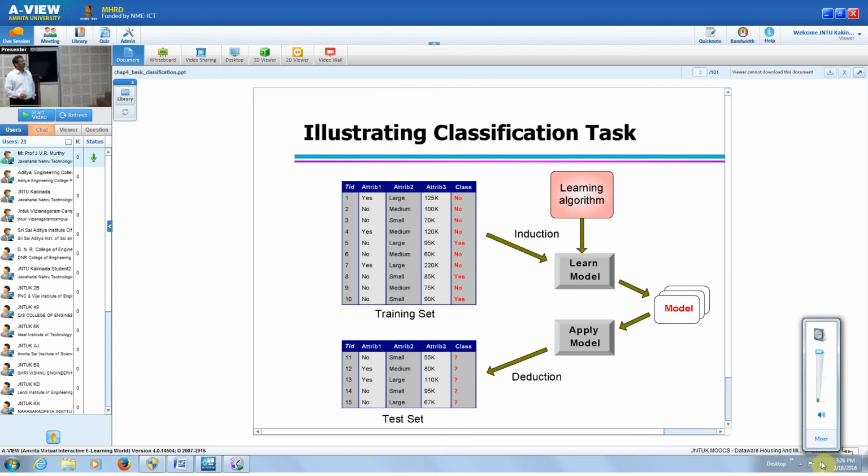Some attribute 1 value is small, this is large, this is 125K. Class label is no. No, medium, 100K. No. No, small, 70K. Yes, medium, 120K. No. So he has taken 3 parameters, and the class label here is simply yes or no. That is training. And in the test set, the class label is with a question mark.